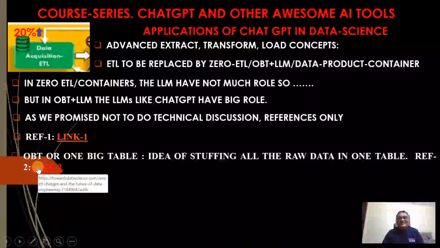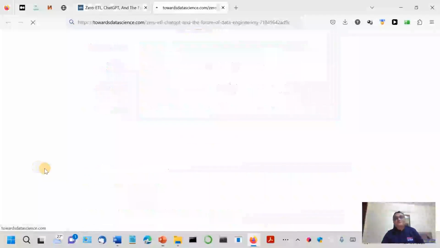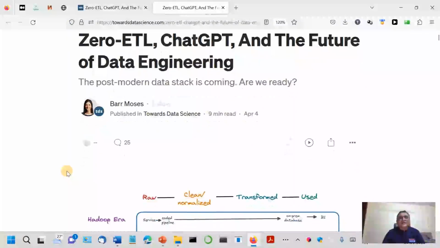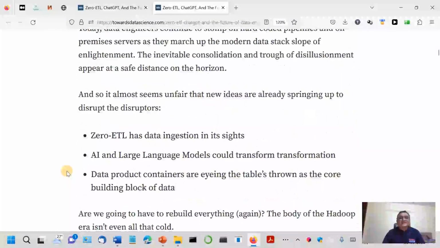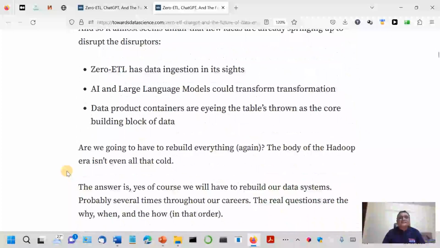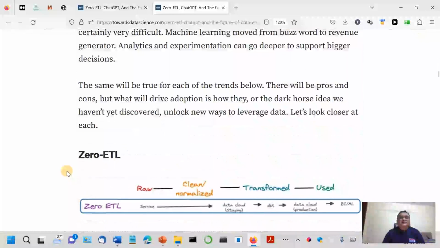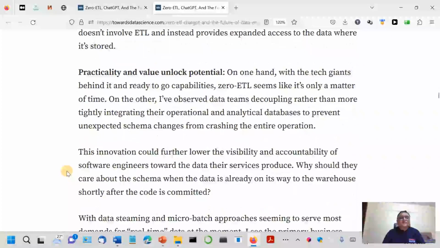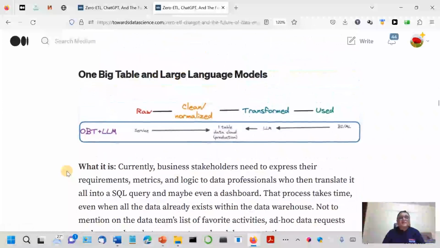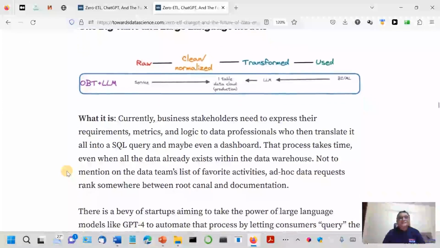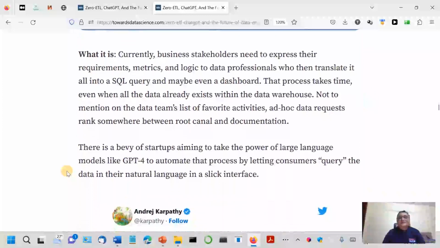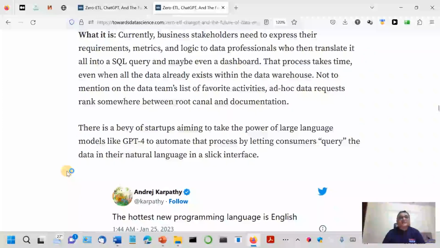Let us try to open this. It is a nice blog on Towards Data Science. Here we want to talk about this one big table and large language model. Now I will just go through what is important in that.